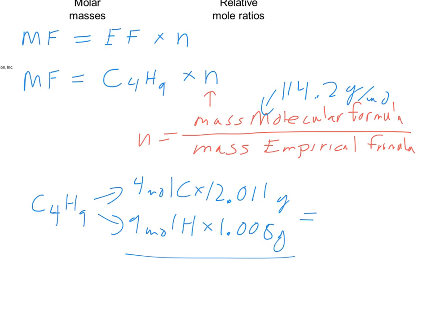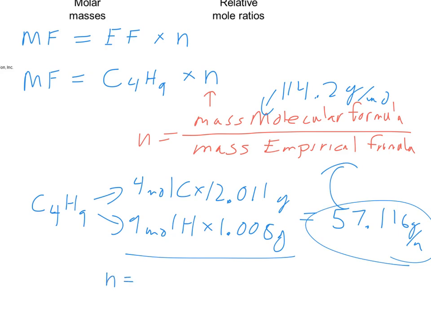So that gives me 4 times 12.011 plus 9 times 1.008, or 57.116 grams per mole. So now I have the mass of my empirical formula, and I can solve for n.